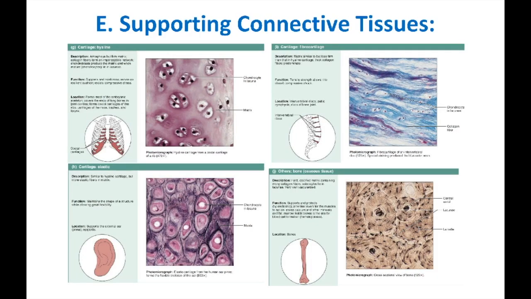All right, let's go over the last category of connective tissues called supporting connective tissue types. These help provide the scaffolding that forms your skeleton, that holds your organs in place and creates cages for your organs to hang off of or be protected by. There's two main types of supporting connective tissue: cartilage and bone.